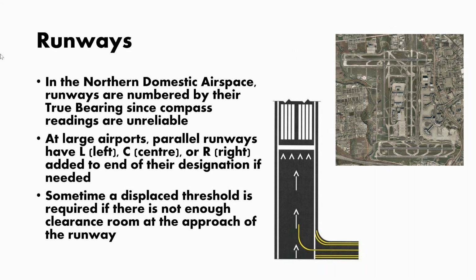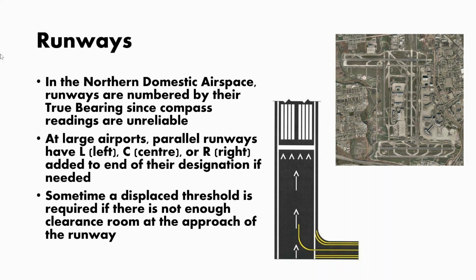Okay, and then the last thing: sometimes on a runway you have what's called a displaced threshold. On this little picture of a runway, you can see these two arrows at the bottom pointing up towards a solid white line and then the barcode looking white lines.